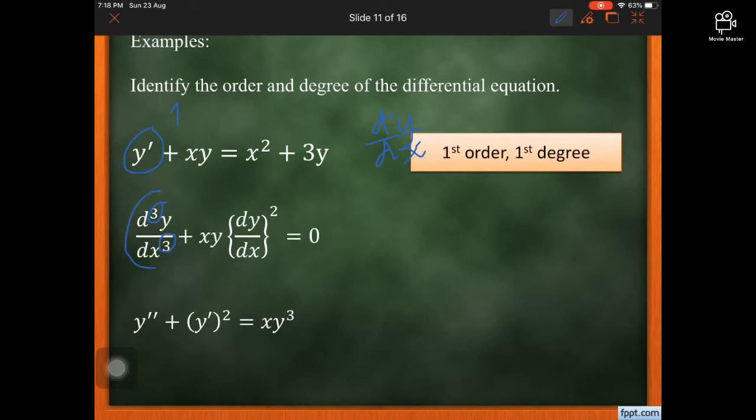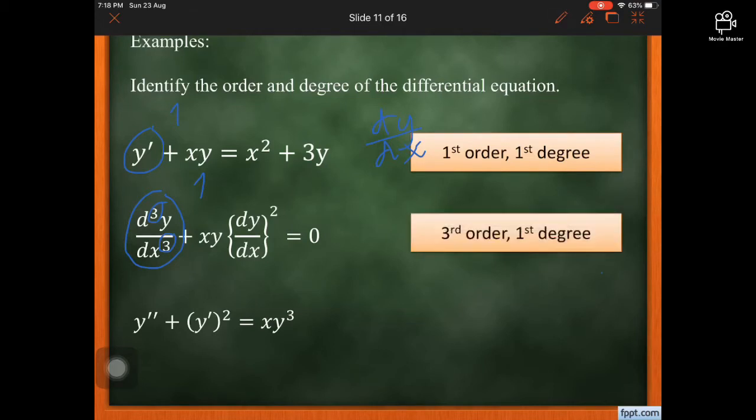What power is the derivative raised to? As we can see, that is only raised to 1. So we can say that the second example is third order, first degree.